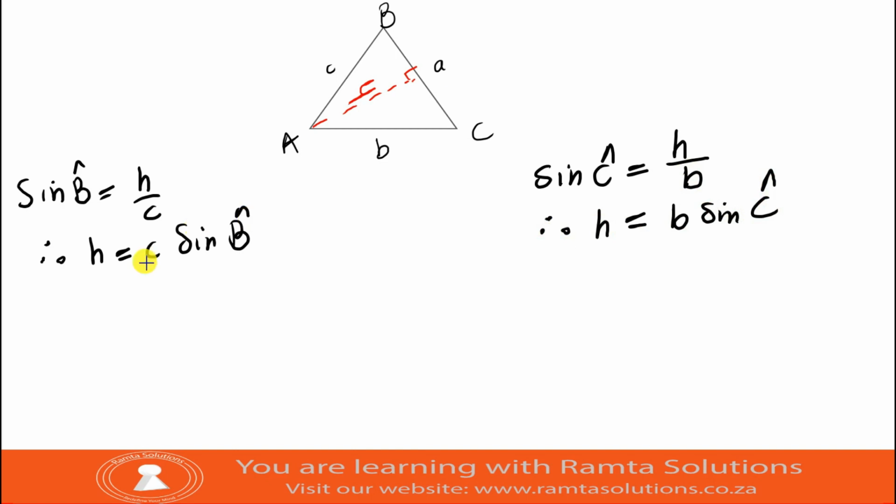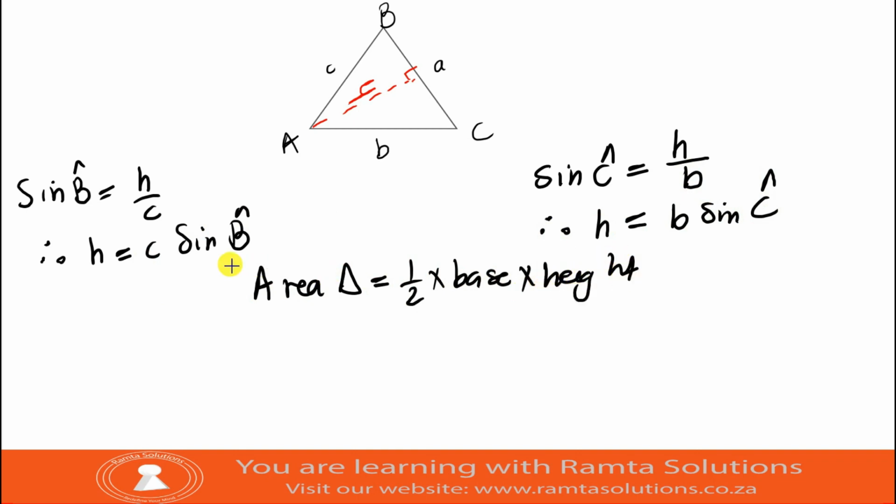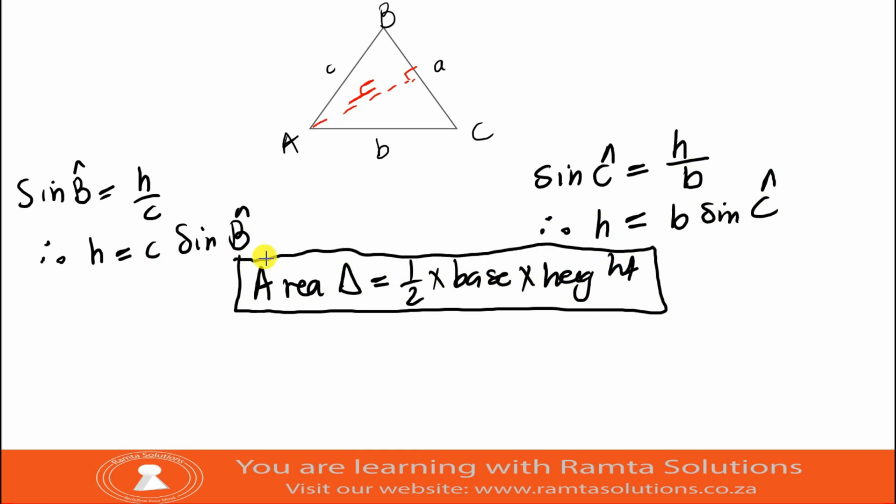Okay? So, again, remember what I had said. I had said to you, area of a triangle is half times base times height, right? This is the information that you know by now. Area of a triangle is half base times height. So let's now try to find this area in terms of angle B. What is it?